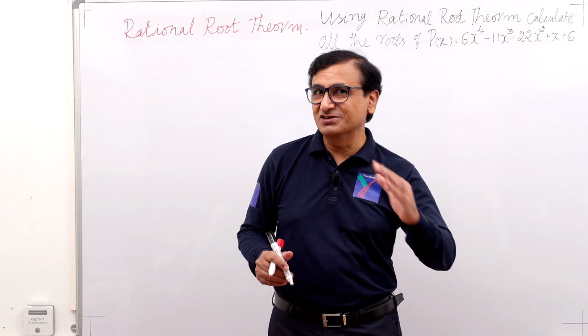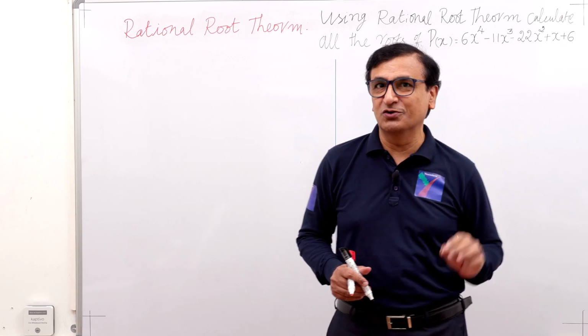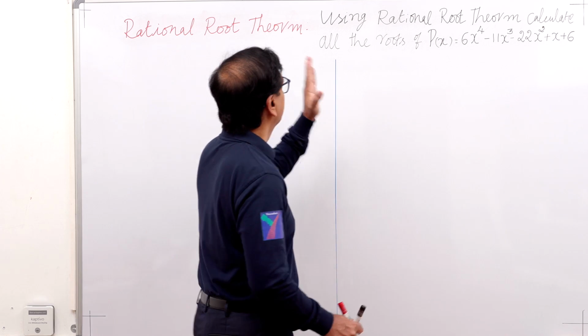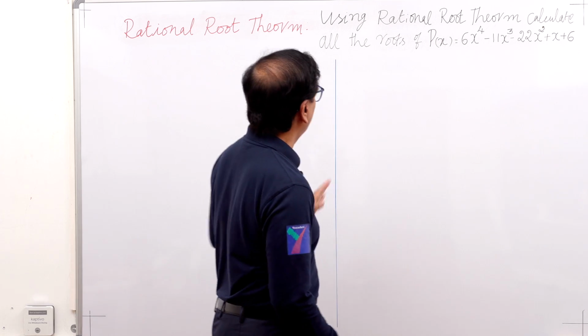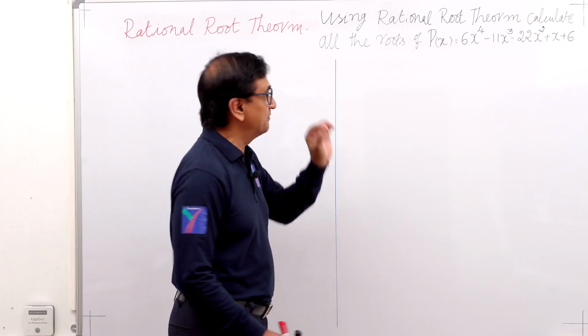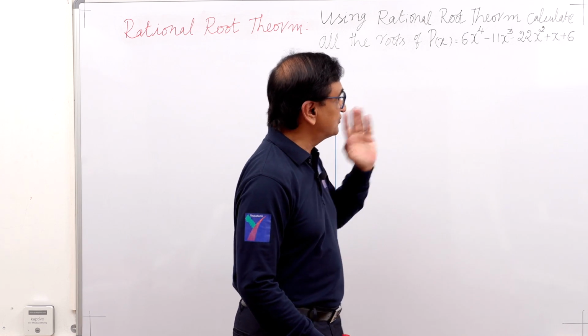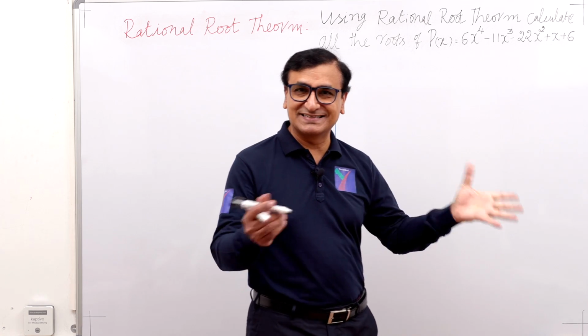But now I am going to turn the statement on its head and ask you to find out the roots of a polynomial using the rational root theorem. So that's our next example. It reads like this. Using the rational root theorem, calculate all the roots of the polynomial p of x equals 6x to the power 4 minus 11x to the power 3 minus 22x square plus x plus 6.